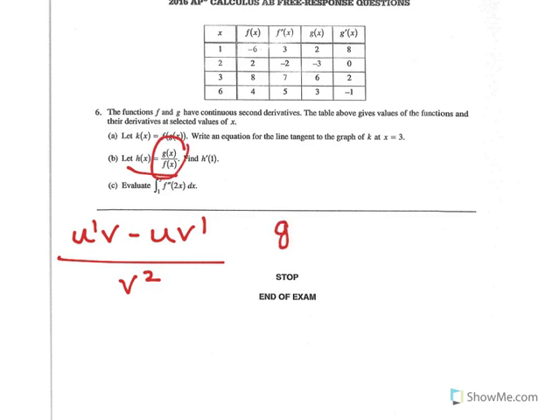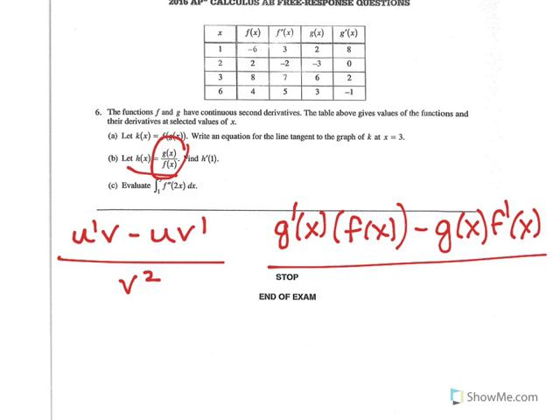So it's going to be g prime of x times f of x minus g of x times f prime of x, all over f of x, close parentheses, squared. So I'm solving this at 1. So I need g prime of 1, which is 8.